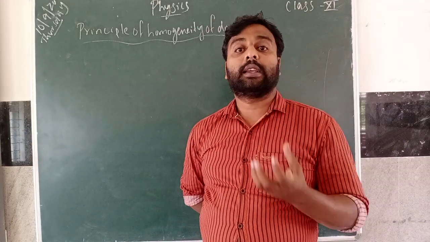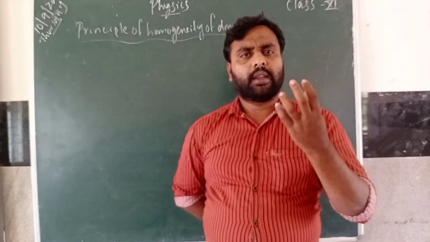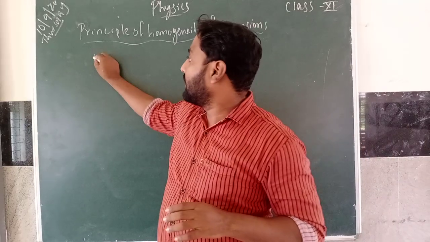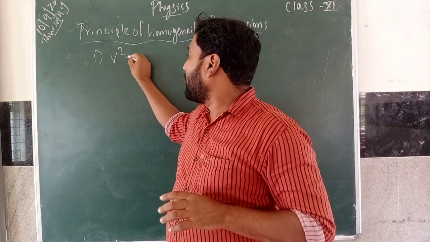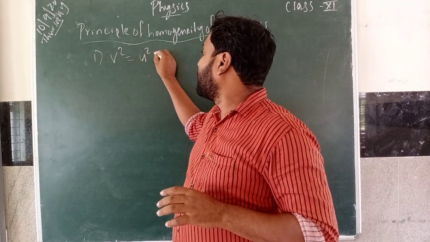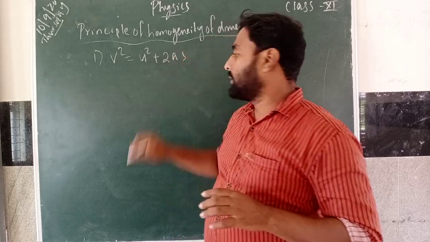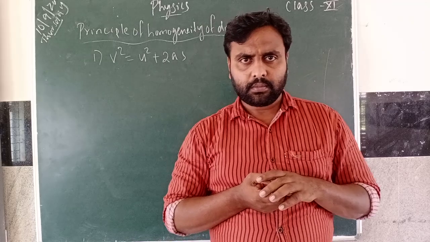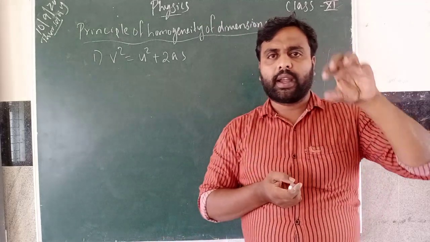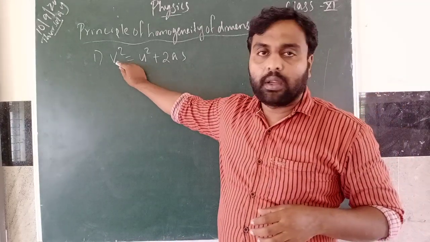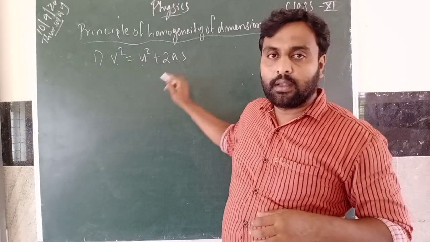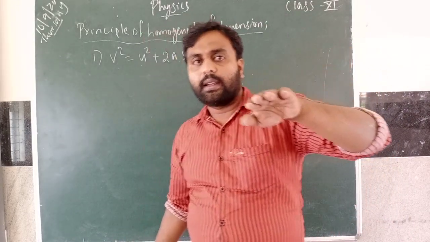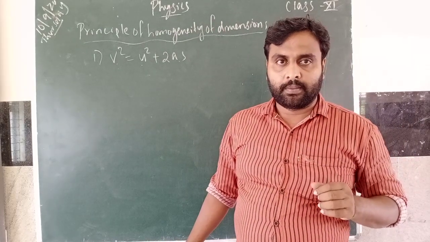Homogeneity means same. Suppose we have an expression, v square equal to u square plus 2as. This is a physics expression. If you find the dimension for each of these quantities, we will get that all the quantities have the same dimension.